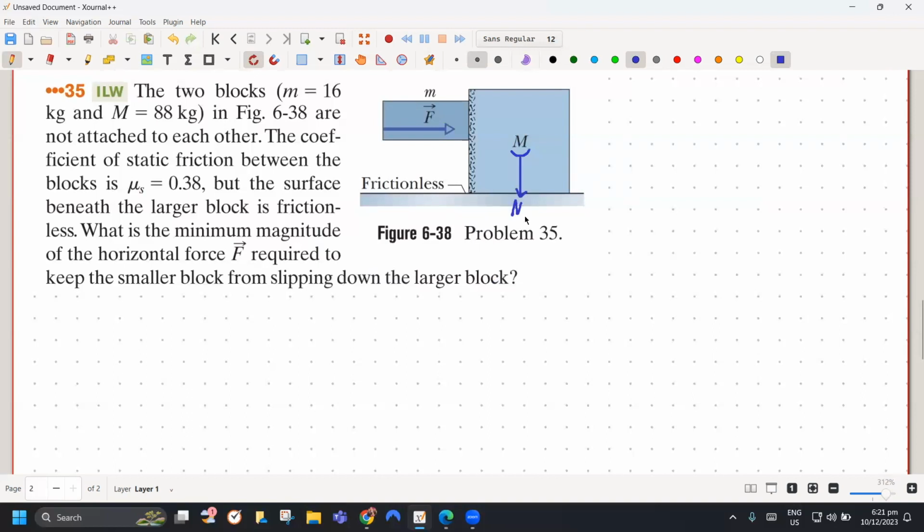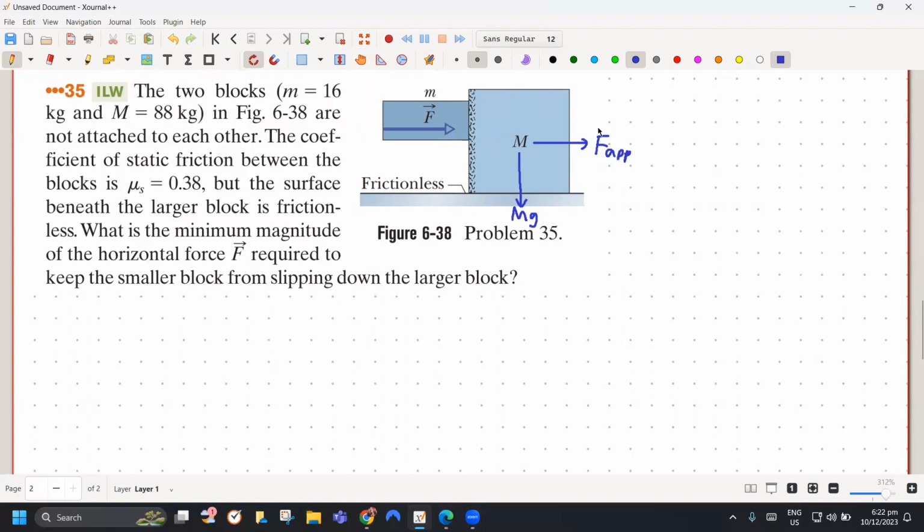So you need a free body diagram for both blocks. Then for the applied force F, just add a subscript: F applied.